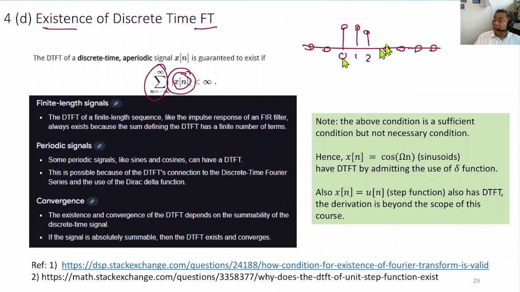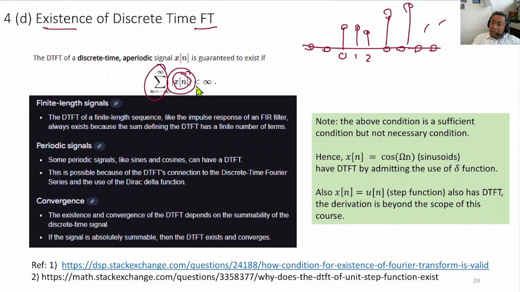Then of course this sequence has non-zero values only in these 3 points. So this is absolutely summable. So when the sequence has finite support, meaning a finite number of them is non-zero, the DTFT is guaranteed to exist. What about when the sequence keeps on growing and growing to infinity? Then it will not exist.